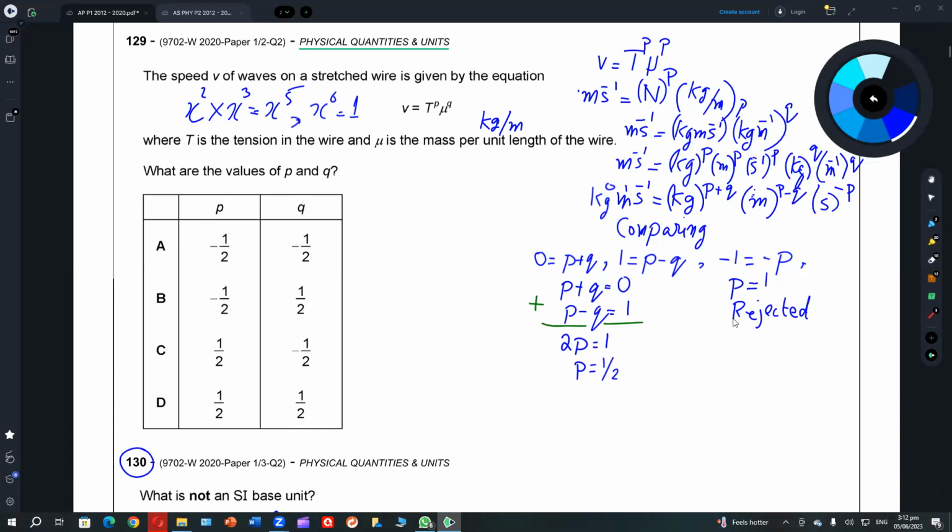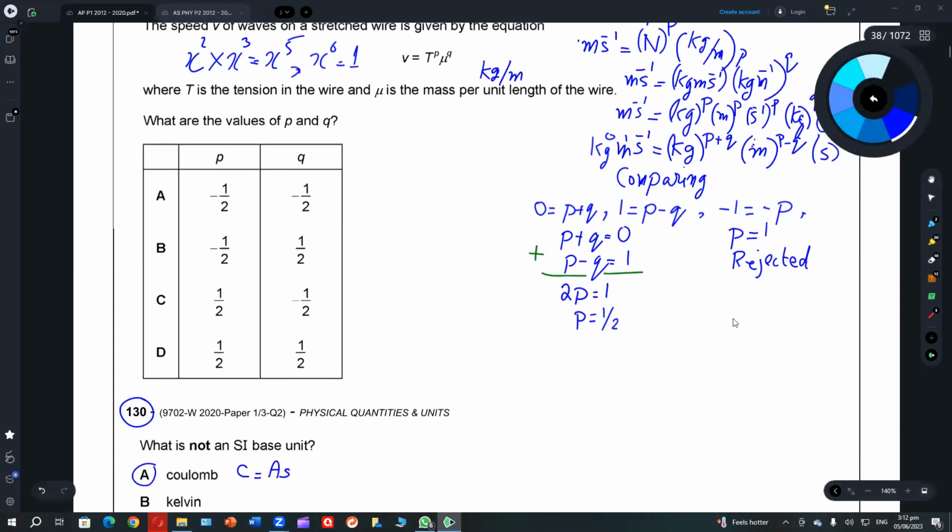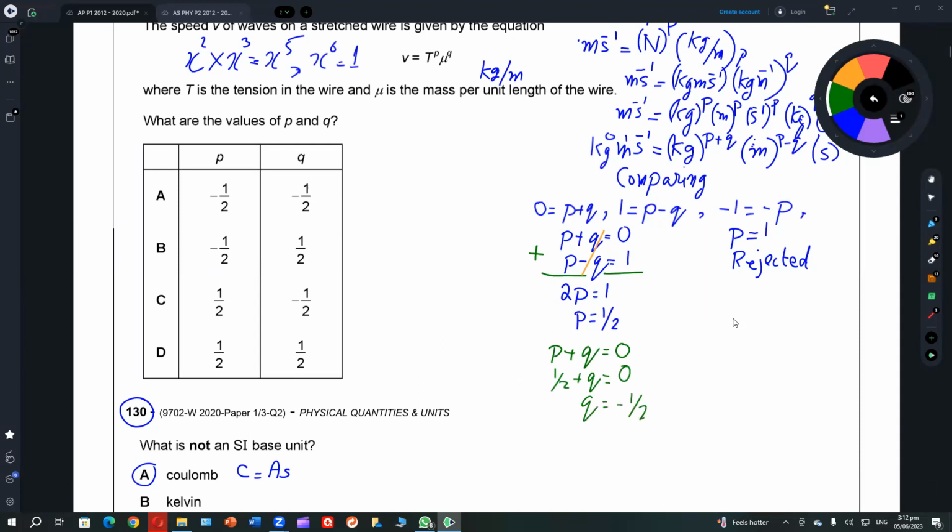This is giving me positive 1 upon 2 for P. So it is 1 upon 2 and minus 1 upon 2. So P is half and Q is minus half.